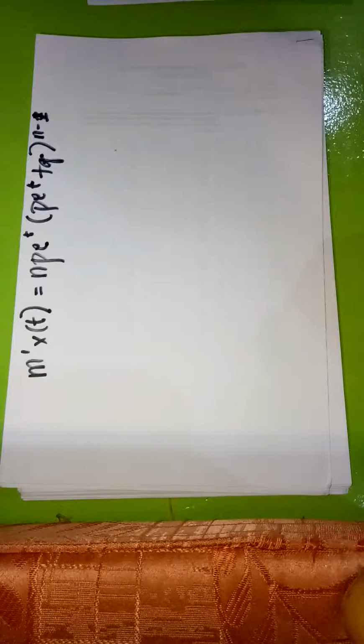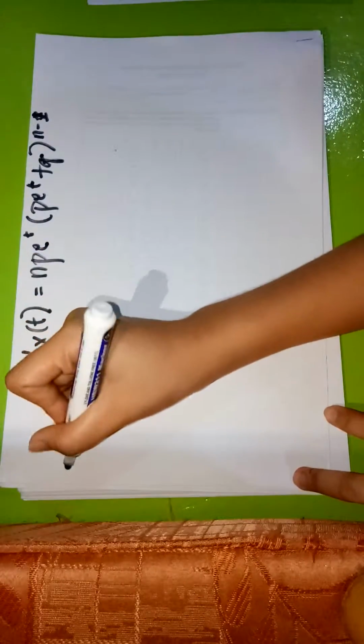In getting the variance, we first get the second derivative of the moment generating function. What we use here is the product rule.